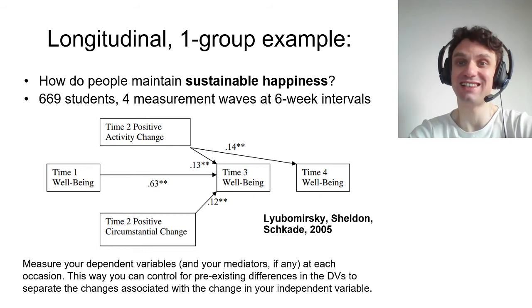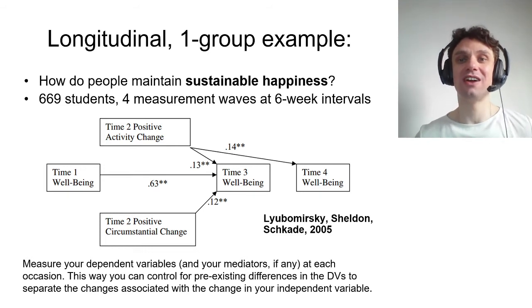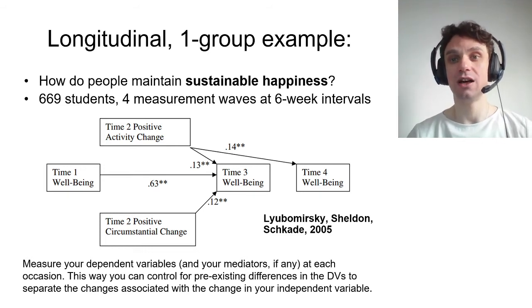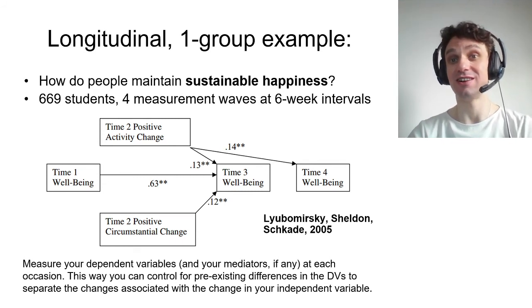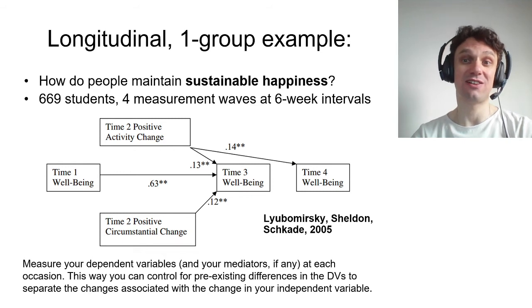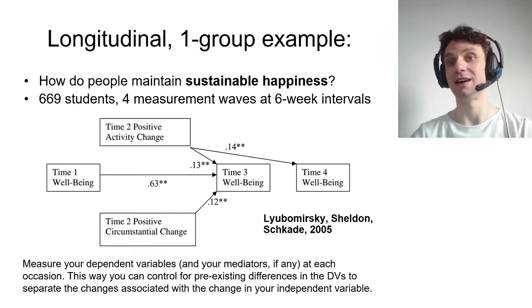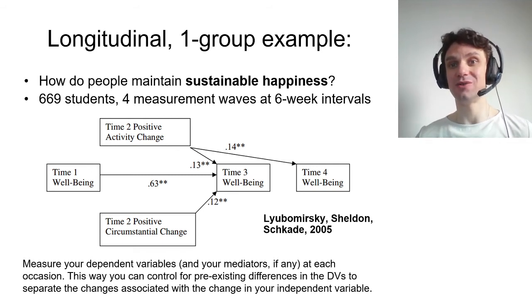in circumstances. Basically, students were asked to rate all of the things that have changed for them after the start of this semester. This was their first semester at the university, so some of them have moved to a new apartment, some of them have established a new relationship, and so on.